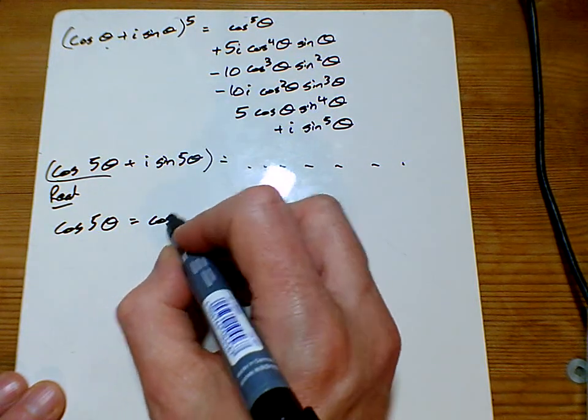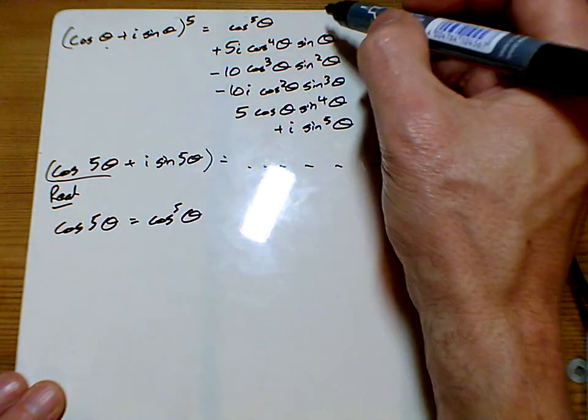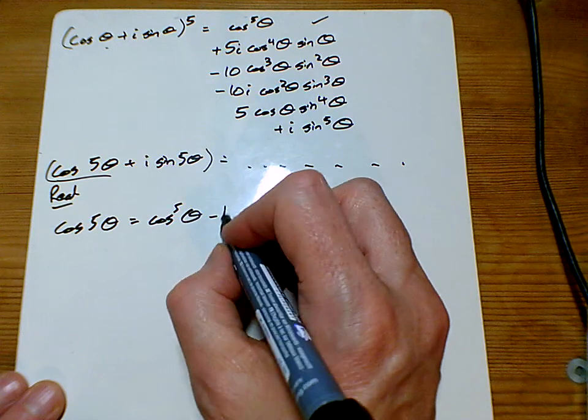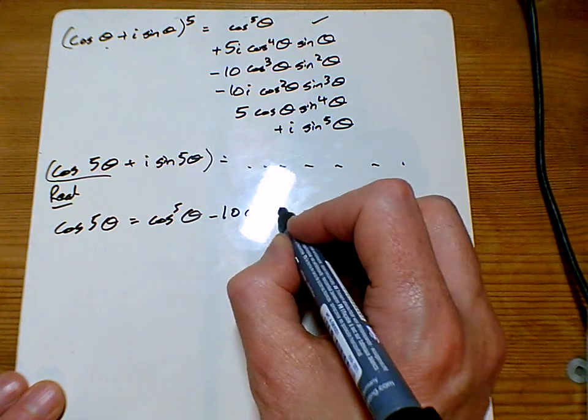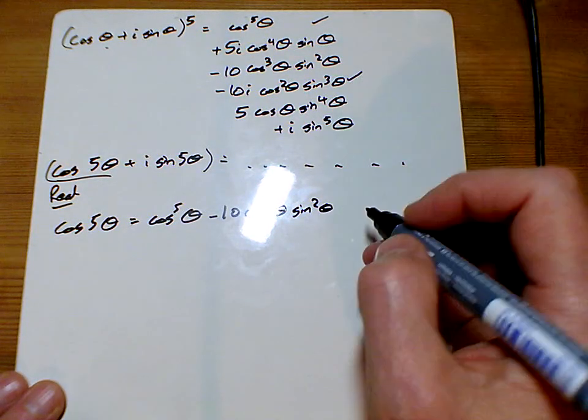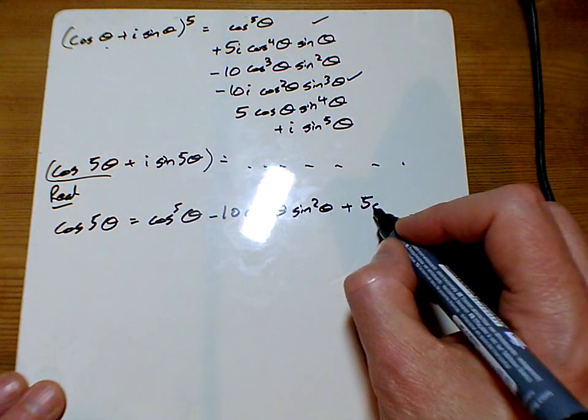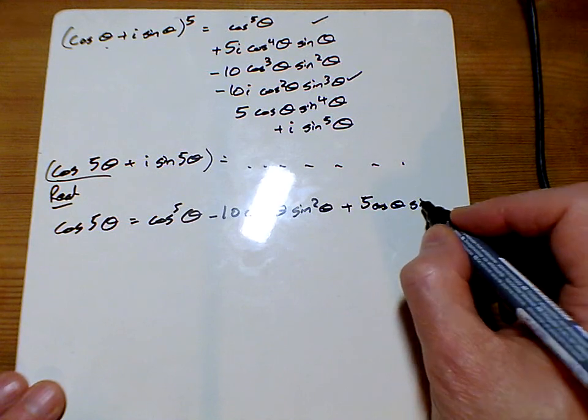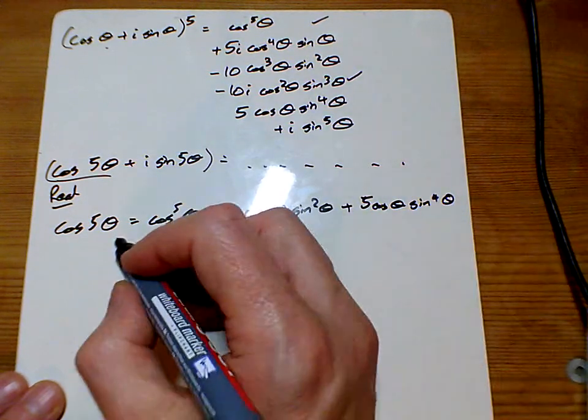the right-hand side, I've got cos to the 5 theta, that one, minus 10 cos cubed theta, sine squared theta, that one. And then I've also got the 5 cos theta sine to the 4 theta.